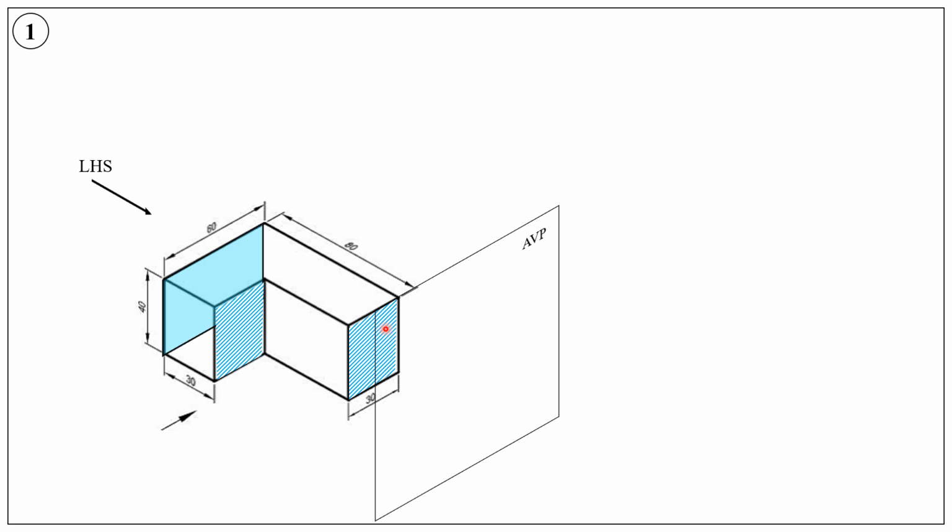So a combination of these two rectangles will give you this. So why are these two rectangular surfaces hatched rather than shaded? Because when we look from the left hand side, these hatched regions are invisible. They are hidden by the surface shaded in cyan color.